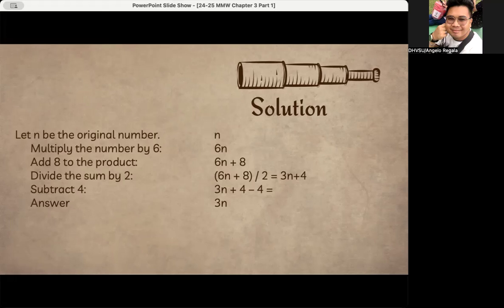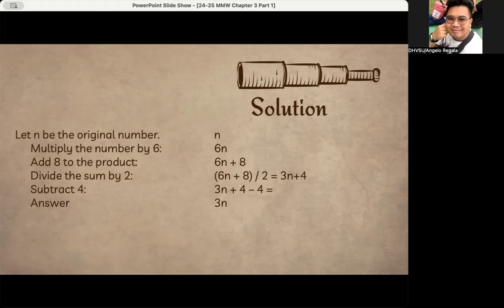And then we add 8 after we multiply it by 6. Then we divide it by 2. Kaya po meron tayong 3n plus 4. Then subtract 4, you would get 3n. So the process is very general that if you choose any number, coming with the process, magiging specific siya na kahit anong number ang piliin ninyo, no?